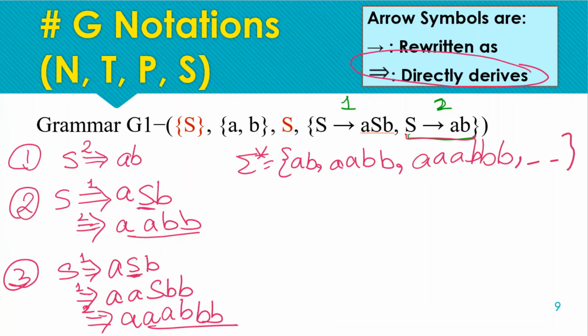So by the application of rule number 1, if you check carefully, to generate the string with n number of A's and n number of B's, we are applying rule number 1 n minus 1 times, and rule number 2 one time.